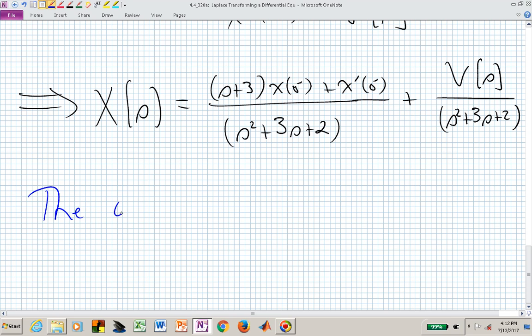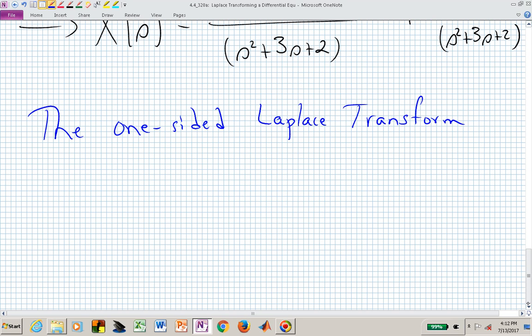So the one-sided Laplace transform enjoys the property that the inverse Laplace transform is unique, and that helps us as we're learning this maybe for the first time. Now let's just concentrate on one-sided Laplace transforms, which allows us to obtain unique inverse Laplace transforms.